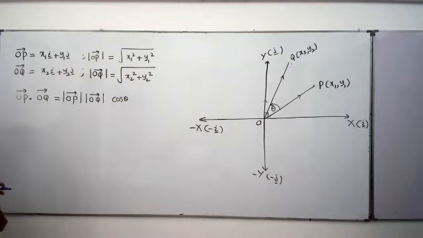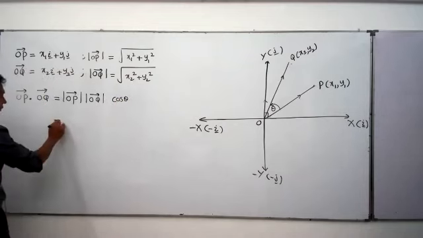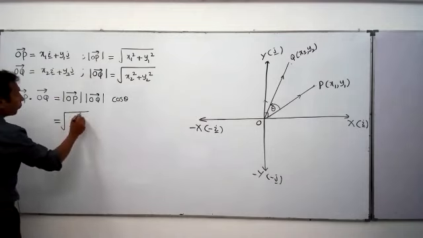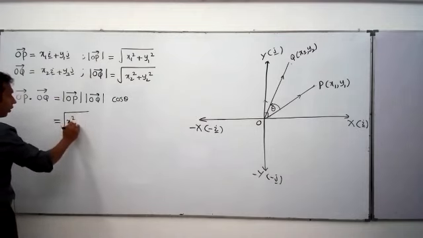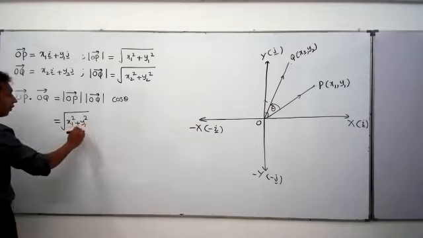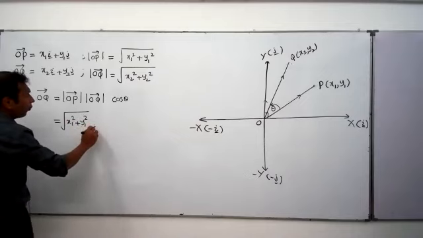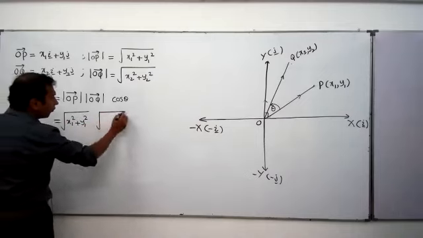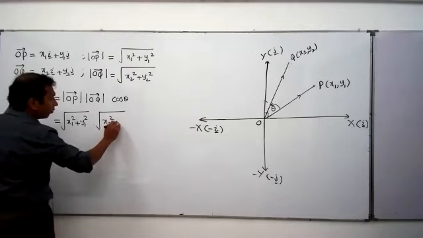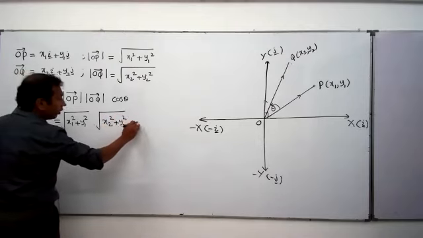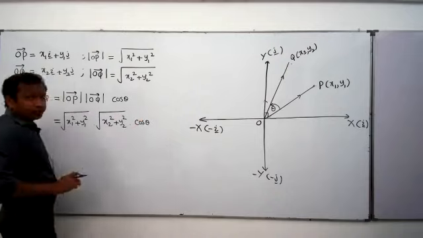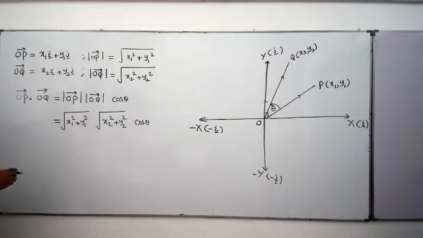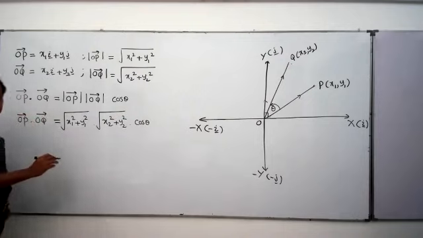OP vector modulus is the square root of x1 squared plus y1 squared, and OQ vector modulus is the square root of x2 squared plus y2 squared, times cos theta. I think up to here you can very easily understand. So let us keep this as number 1.